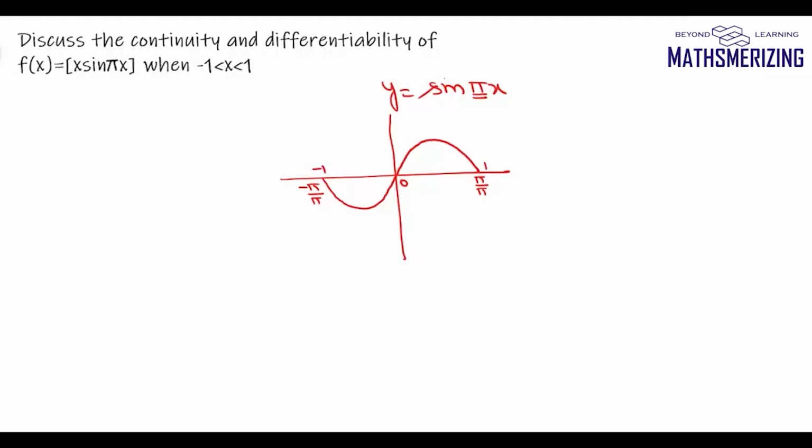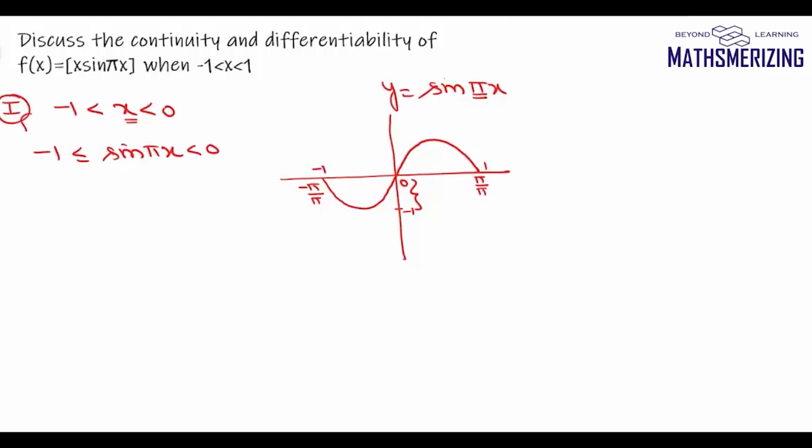So I'll take two separate cases. Case 1, when the value of x lies between minus 1 and 0. In that case, the value of sin pi x will also lie between minus 1 and 0.